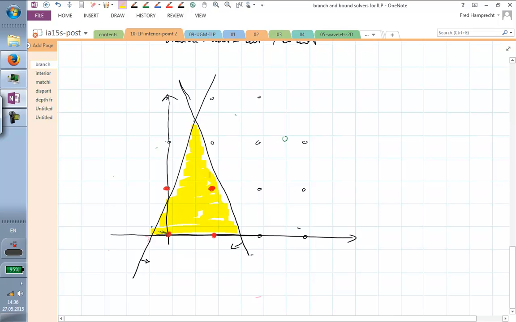Branch and cut does the following. We first solve the LP part of our problem. And we get, for a reward vector, let's not be too tricky this time, so we simply let the reward vector point in this direction.